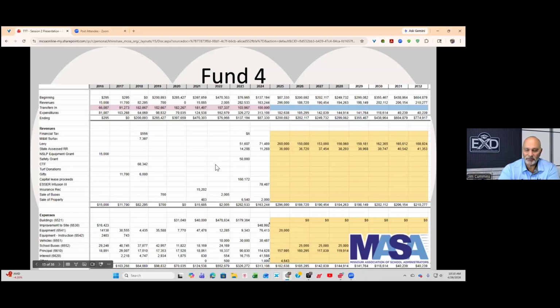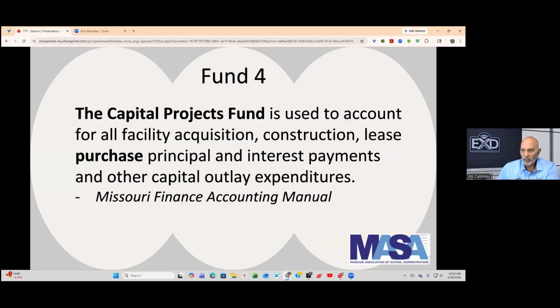So account for those, determine what you need to go into Fund 4. Basically, it's used to account for facility acquisition, construction, lease purchase, principal and interest payments, and other capital outlay expenditures. And that's directly from the accounting manual.